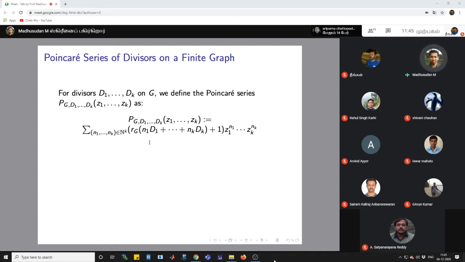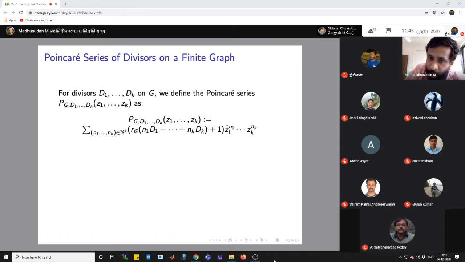It's a formal power series in k variables, where k is the number of divisors you chose, and you sum up over all monomials.